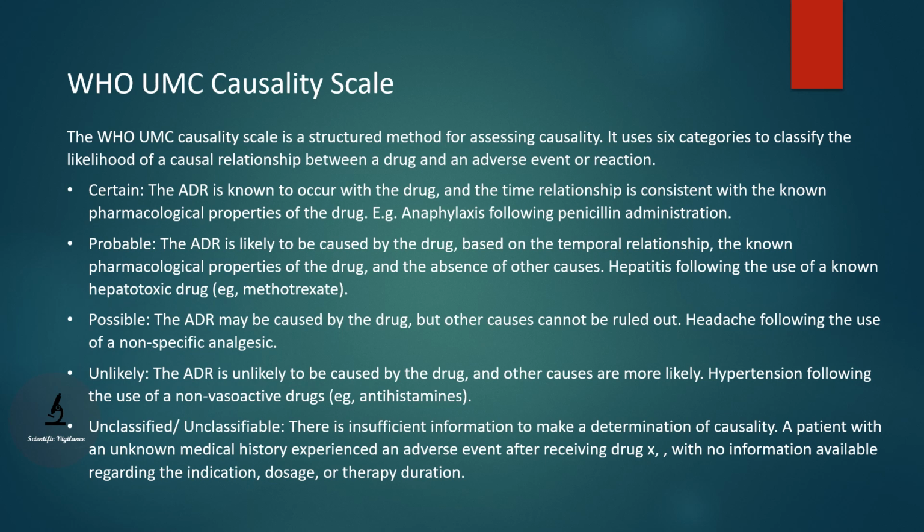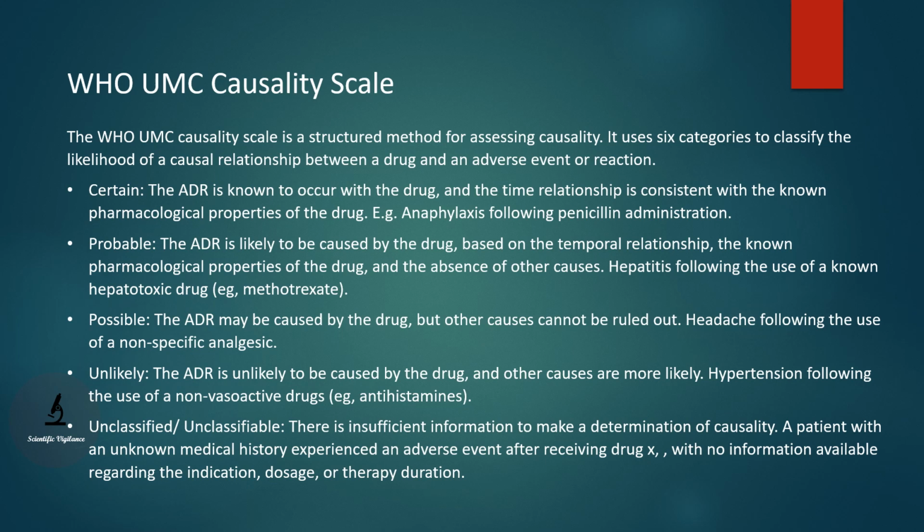These categories are as follows. The first category is certain. In this category, the adverse drug reaction is known to occur with the drug, and the temporal relationship aligns with the established pharmacological properties of the medication. An illustrative example is anaphylaxis following the administration of penicillin.